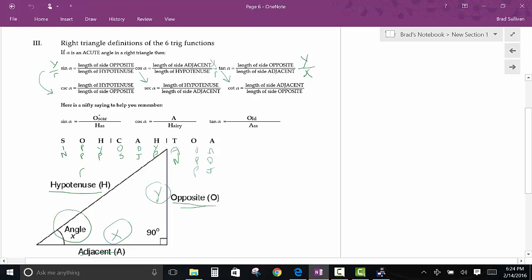Sometimes I teach it this way. Many years ago, I was curious about coming up with something, and I gave students a contest. I said, whoever comes up with the best mnemonic device to remember sine, cosine, tangent will get like an extra 100 points or something. So they came up with the sine, O over H, the cosine, A over H, and the tangent, O over A. So they came up with Oscar has a hairy old ass.